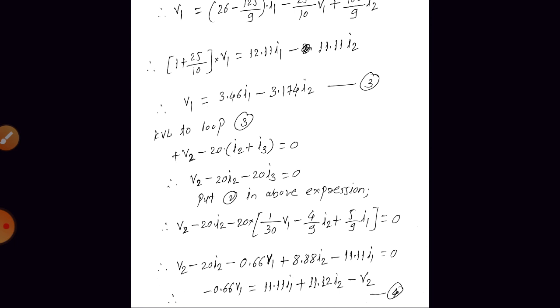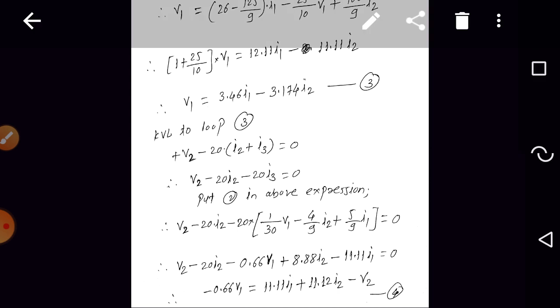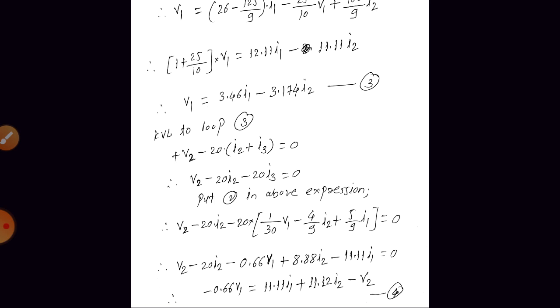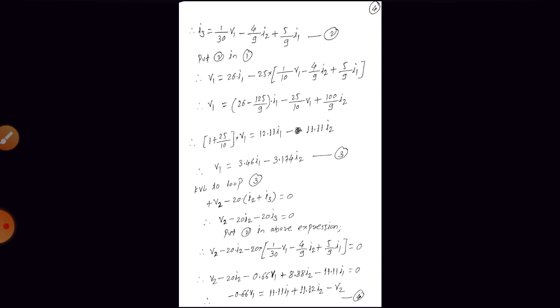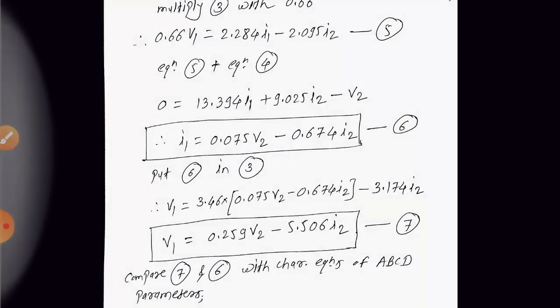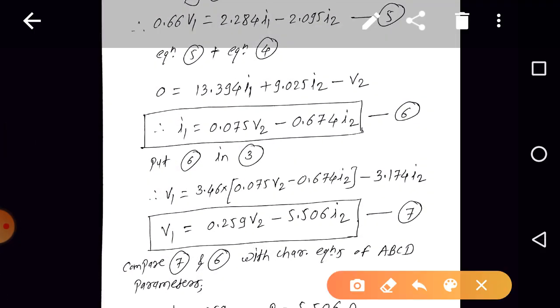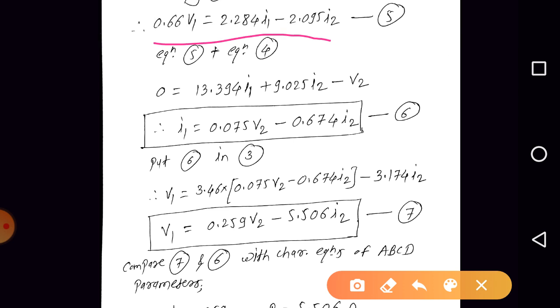For that, I multiplied equation 3 by 0.66, giving equation 5, and then added equation 5 and equation 4.